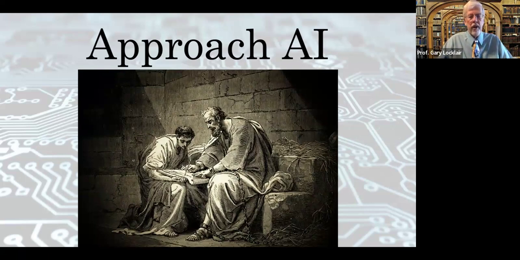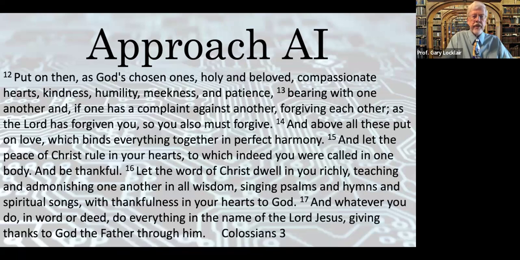Maybe these words from Paul in Colossians are helpful in our approach to AI interactions. Put on then, as God's chosen ones, holy and beloved, compassionate hearts, kindness, humility, meekness, and patience, bearing with one another, and if one has a complaint against another, forgiving each other, as the Lord has forgiven you. So you also must forgive. And above all these, put on love, which binds everything together in perfect harmony.